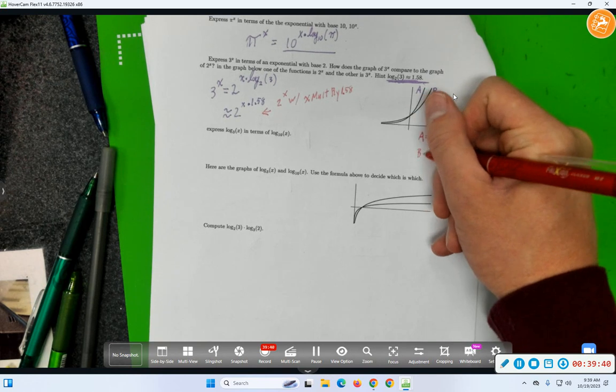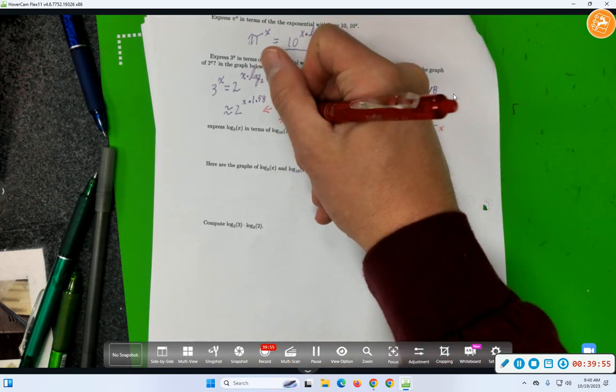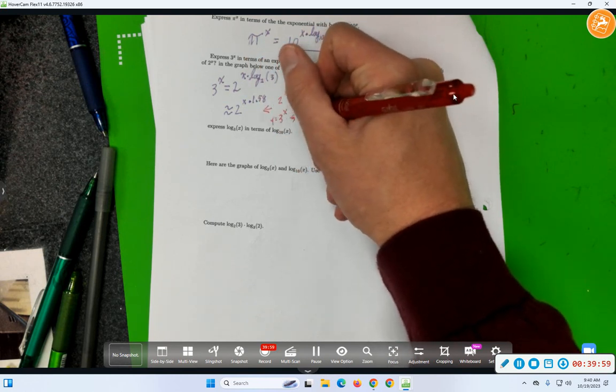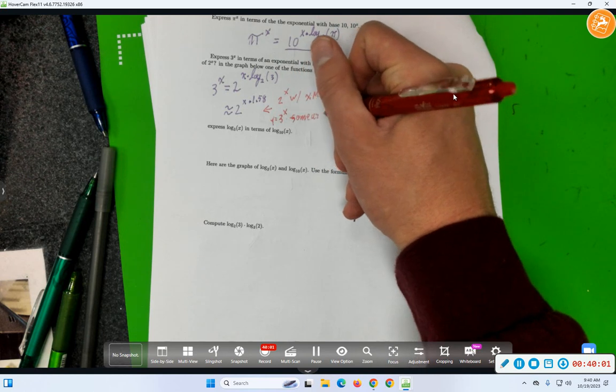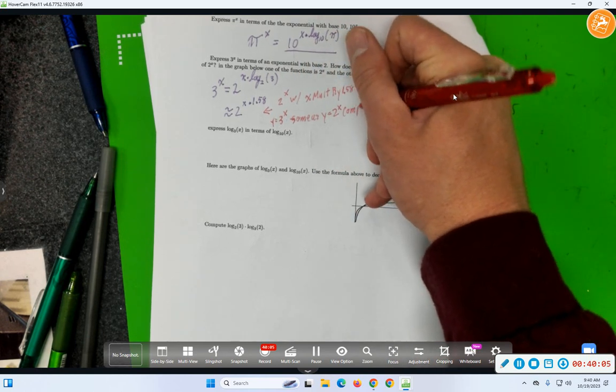And I guess you're saying B should be 3 to the x. People agree? Anyone disagree? So y equals 3 to the x should be the same as y equals 2 to the x compressed.